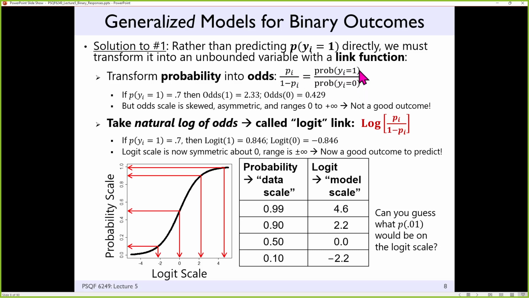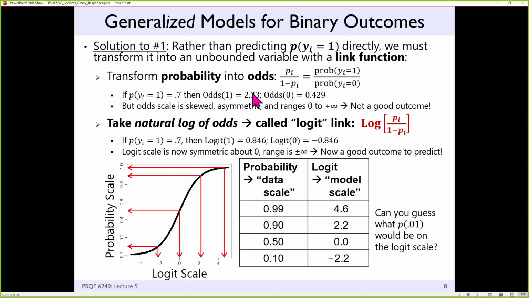Odds is the probability of a 1 divided by the probability of a 0. So if you have a 50-50 probability, what are your odds? 1. So neutral in odds is 1. Neutral in probability is 0.5. So here's an example of why I hate odds. Let's say the probability of a 1 is 0.7. Okay, so 0.7 divided by 0.3 is 2.33. Is that a lot? I don't know. It's positive.